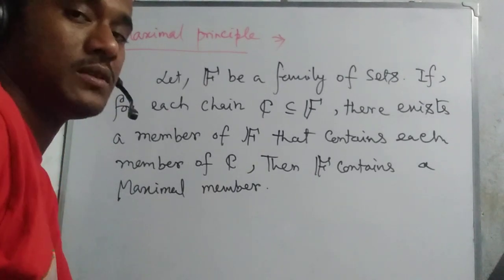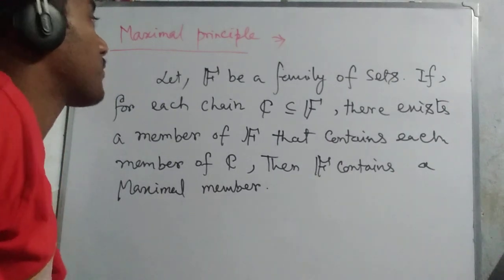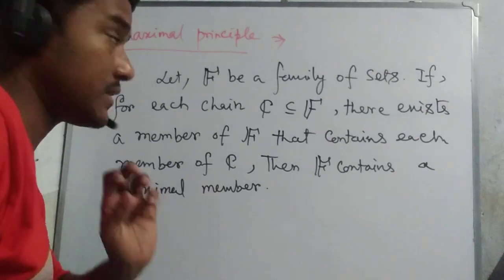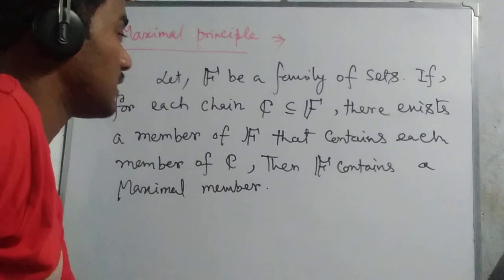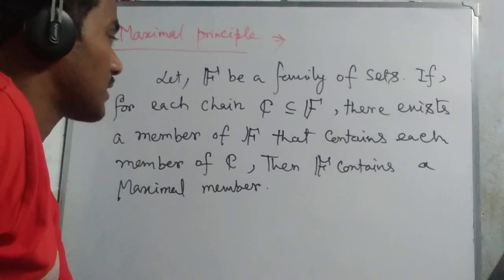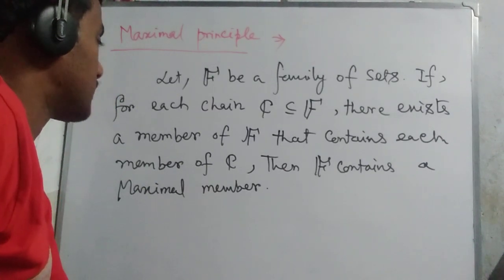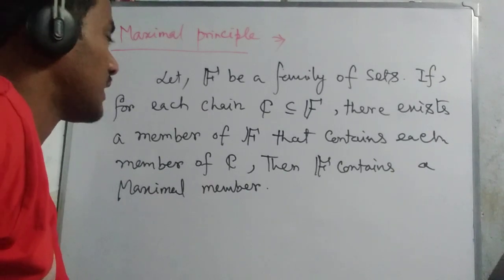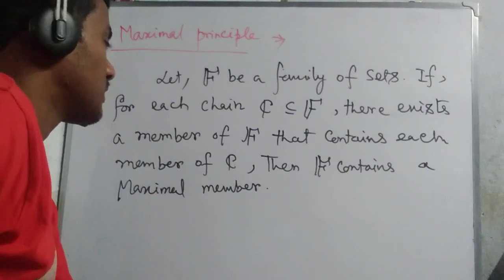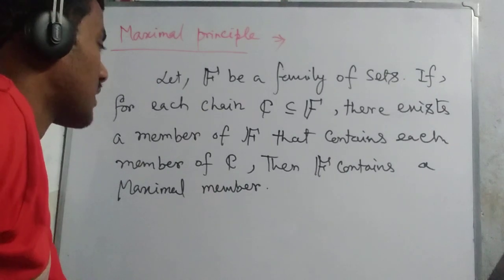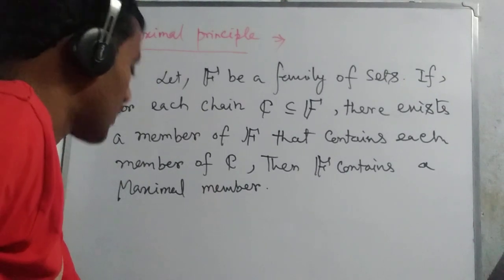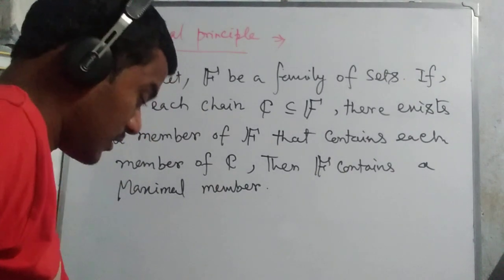That means this family of sets has chains, and in each chain one member contains the other members, then F contains a maximal member, understood?